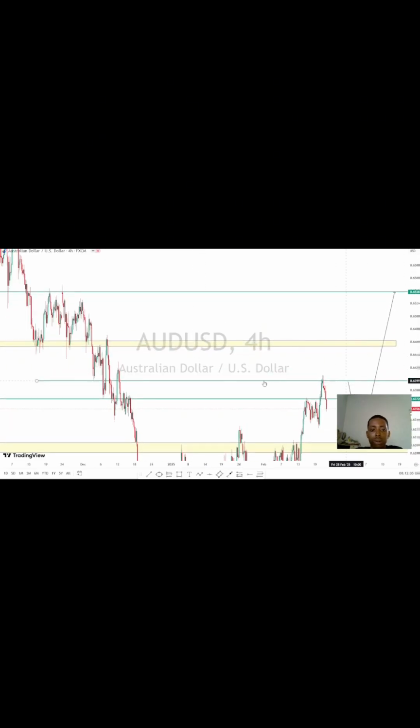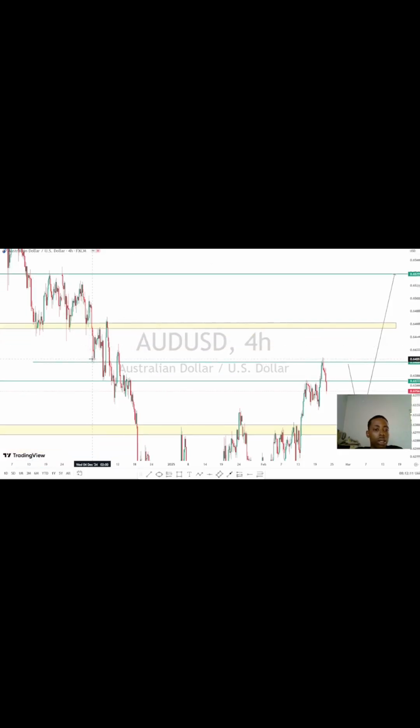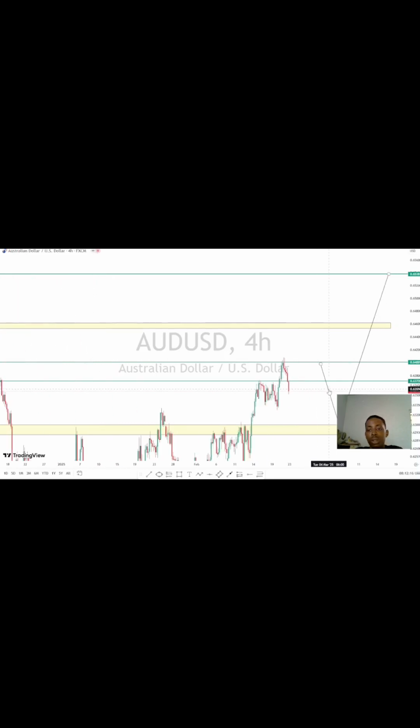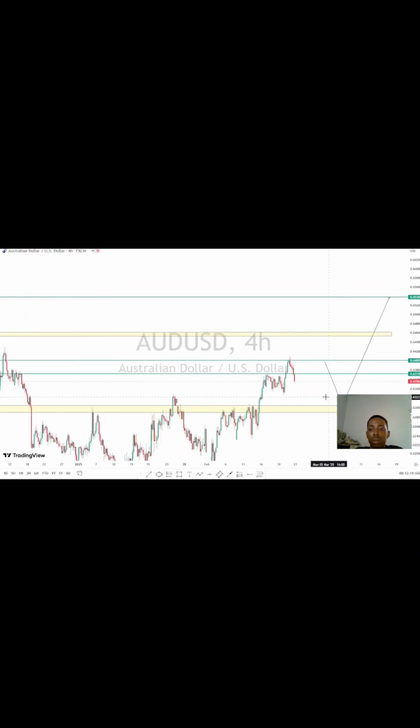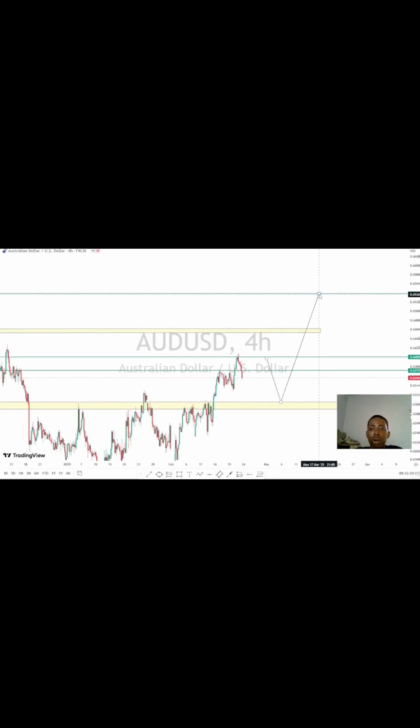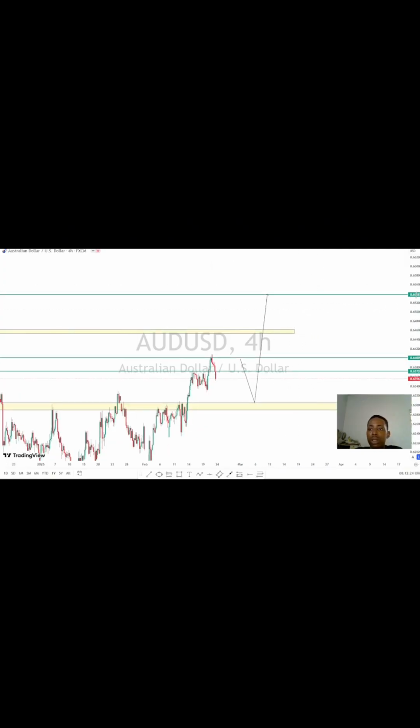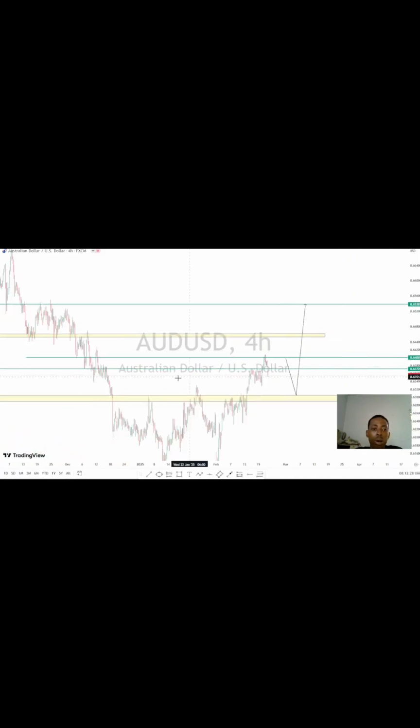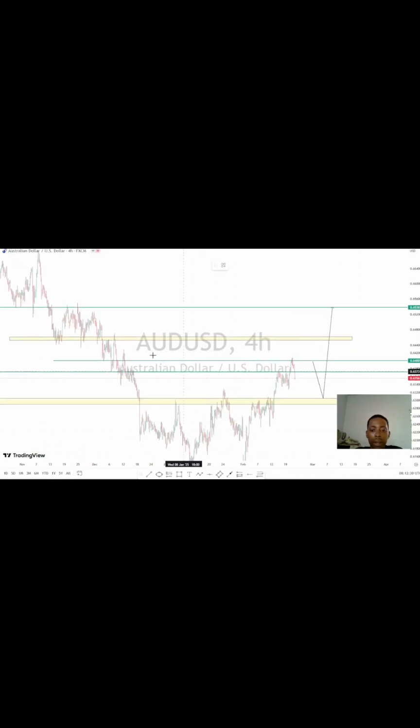So this is the first daily high that is made, and you can see this was the resistance that pushed this market down. So I'll be waiting for AUD USD, but my overall target for AUD USD is 0.65388.